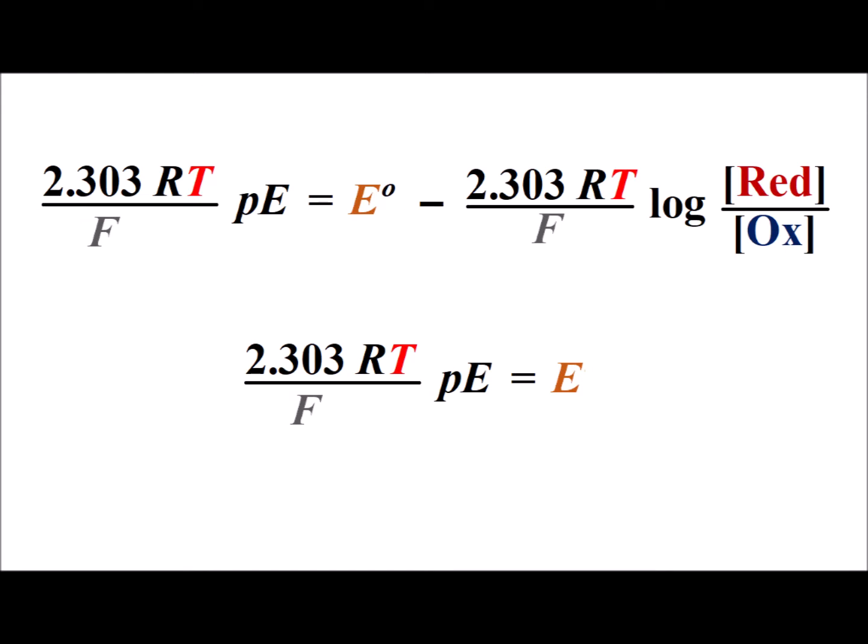We notice on the right-hand side of the first equation that that entire expression is simply the value E, the reduction potential under non-standard conditions as given by the Nernst equation.